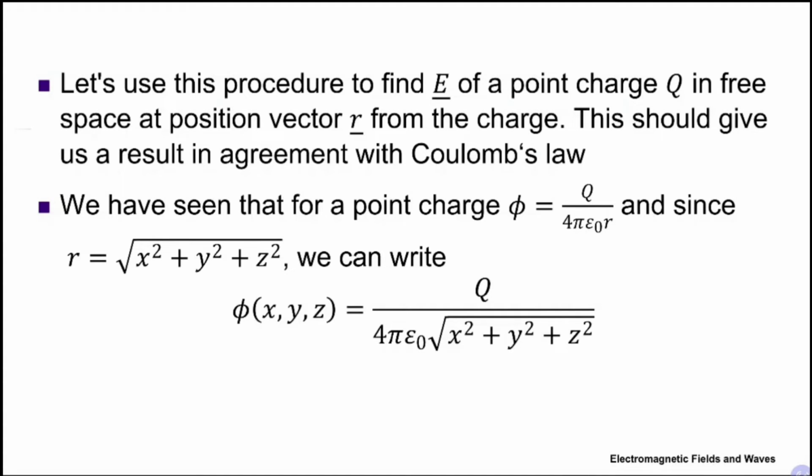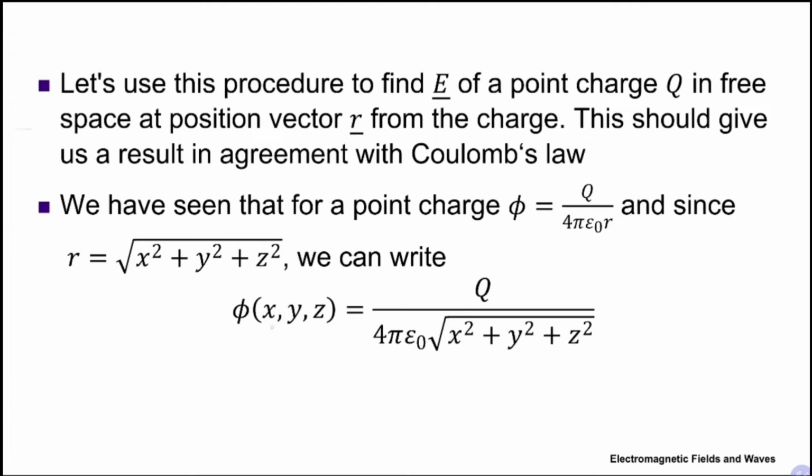Another example to illustrate the electric field equals minus the gradient of the electric potential. We go back to our very simple example of a point charge and see how we can get from that back to Coulomb's law.